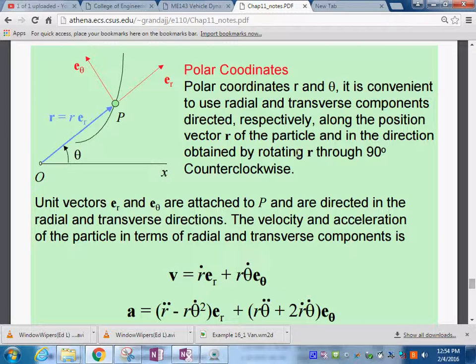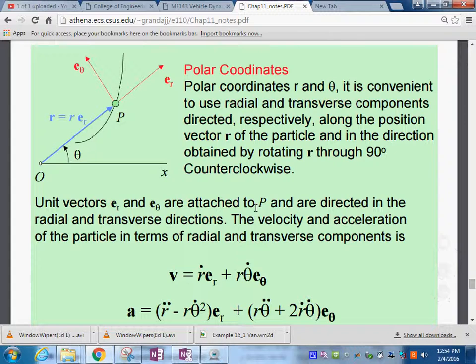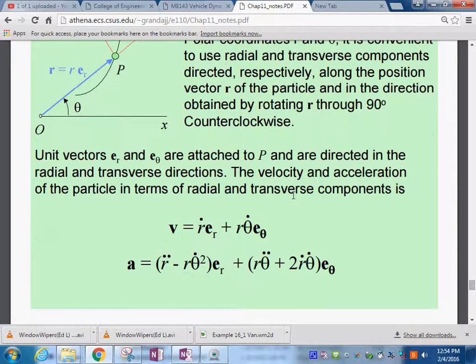So we put unit vectors in the r direction and in the normal direction. And you can have a slightly different interpretation of the equations in polar coordinates, because they're written in terms of e_r and e_theta.